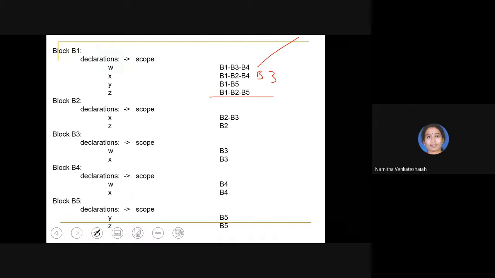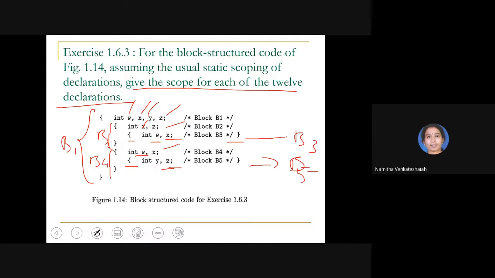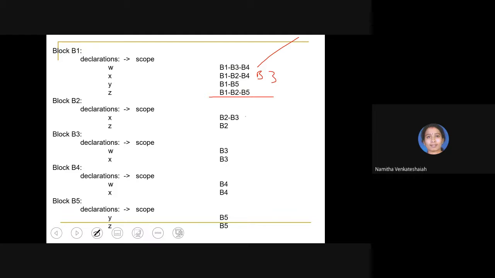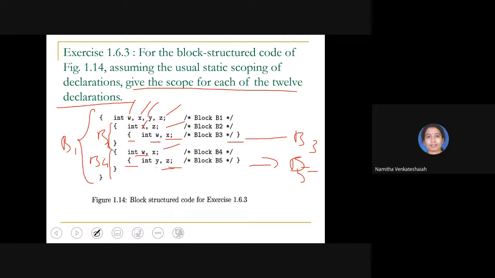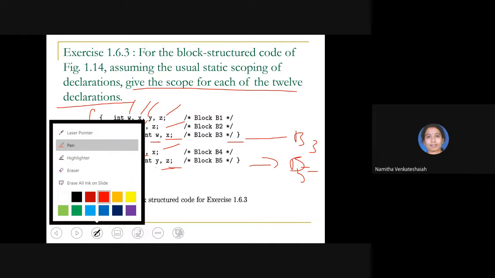So next, let us come to block B2. X is there here. So X, B2, B3, and B4. Oh, sorry, I'm missing something. This block B2, one thing, I'll erase it.